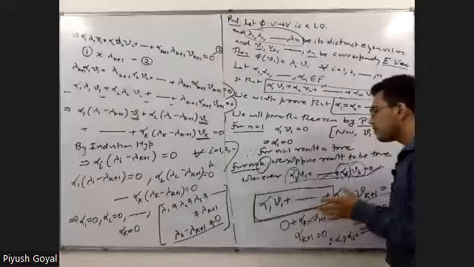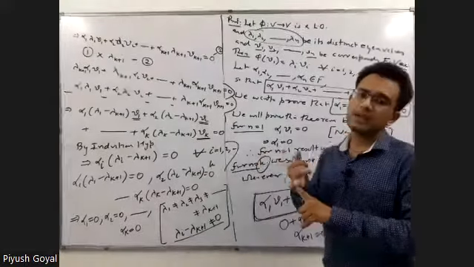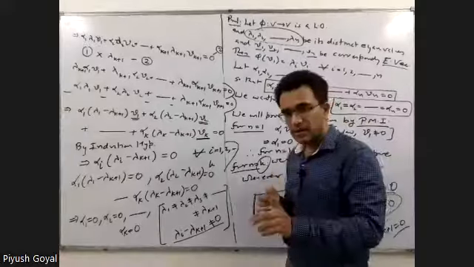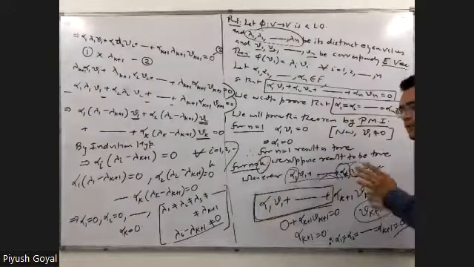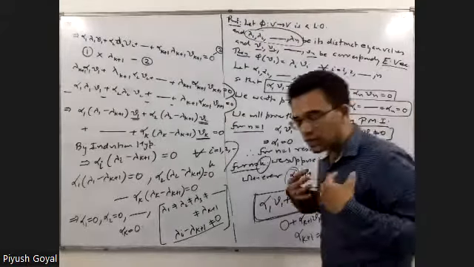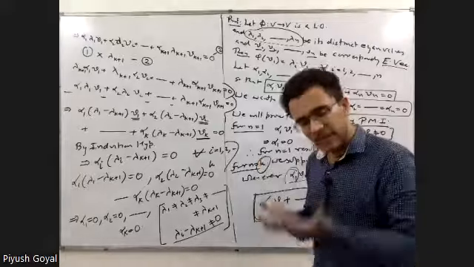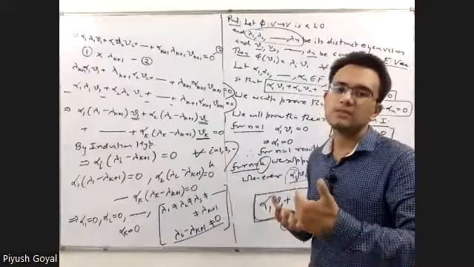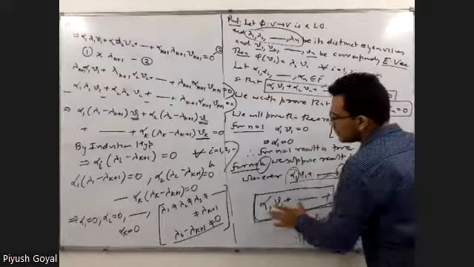You prove that a single vector is linearly independent. Then we assume that whenever we have k vectors, those k vectors will be linearly independent. Now you have n is equal to k plus 1.